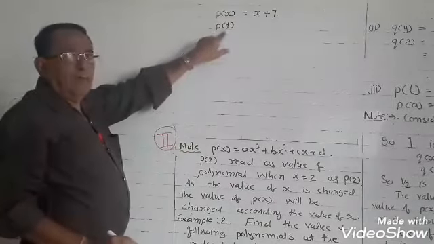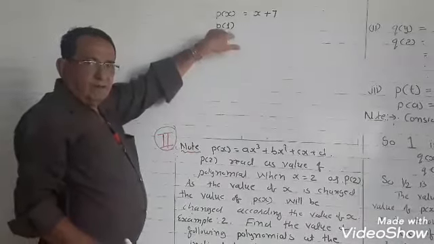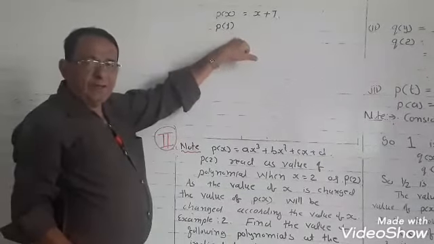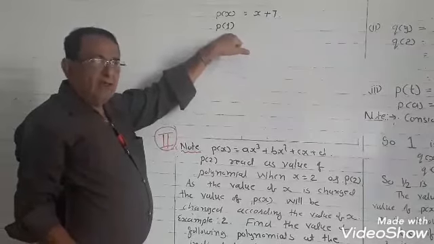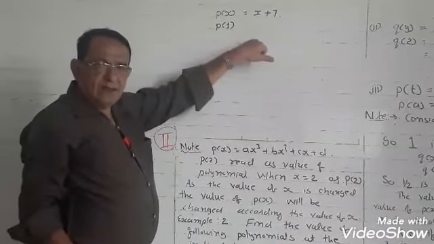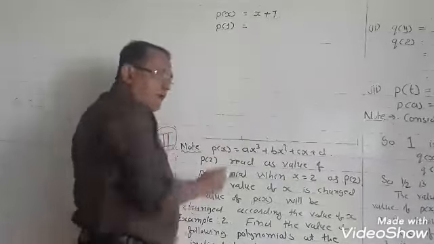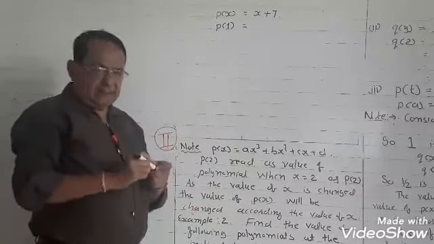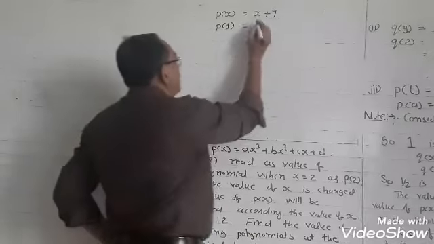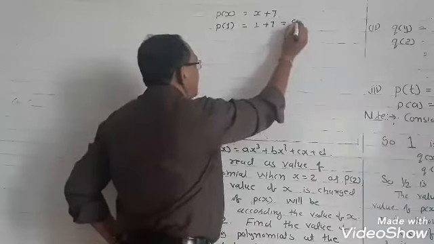The value of the polynomial when x is equal to 1. In short, we will read it as p1. P1 means the value of the polynomial when x is equal to 1. Put x equal to 1 wherever you see x. 1 plus 7 is equal to 8.